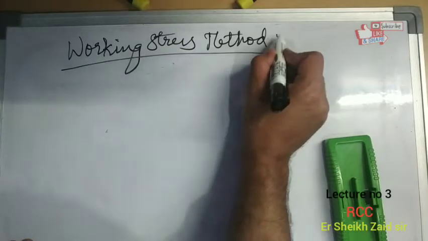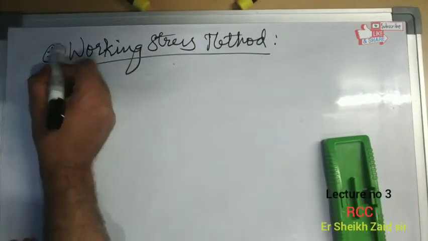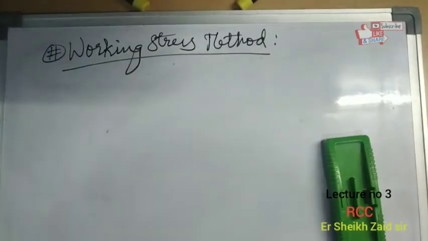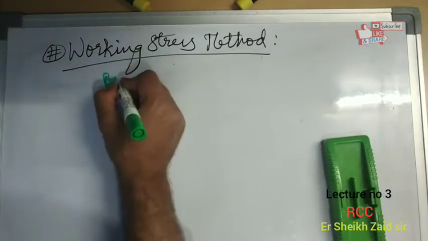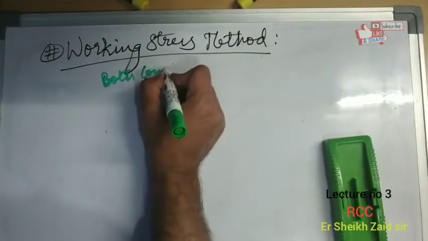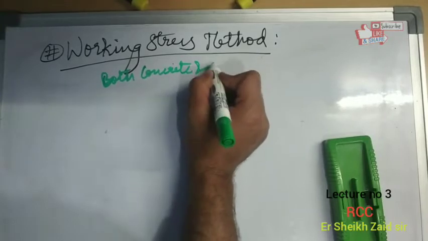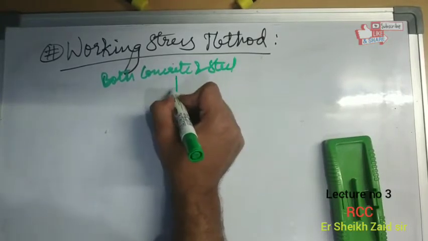So what do we mean by working stress method? In this method, we assume that the concrete and steel behave elastically.